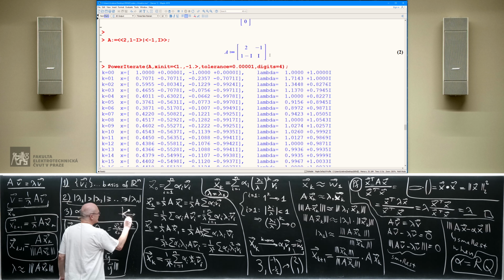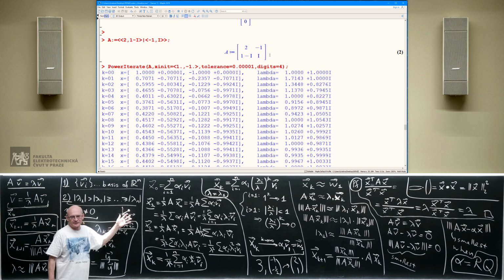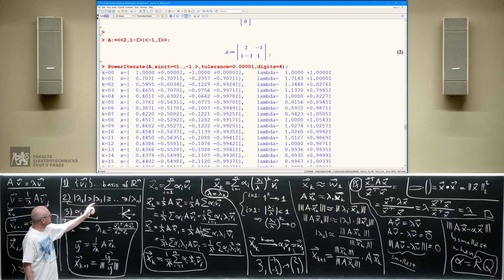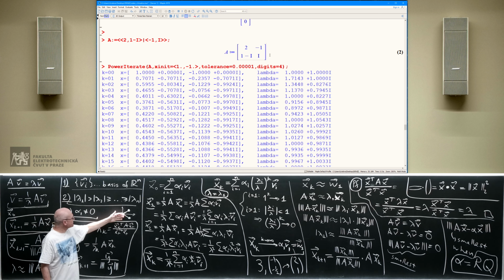And these two have exactly the same magnitude. And therefore, if you apply power iteration to them, it will not work because assumption number 2 is not satisfied. And what happens is that the power iteration cannot decide and it starts cycling.